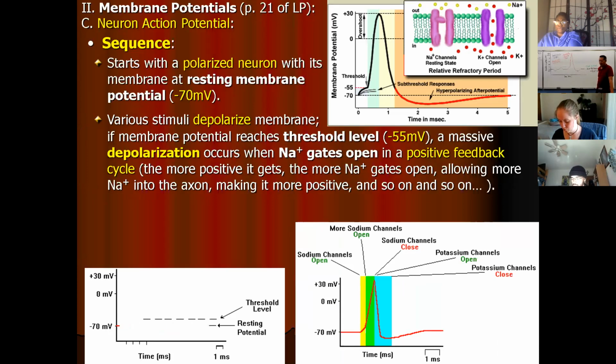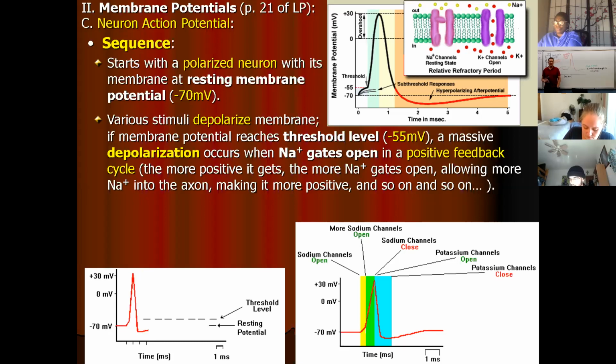And we're using minus 55 as an example only. Again, different neurons have different thresholds. That is going to initiate the positive feedback loop for sodium. And I actually illustrated this when I was talking about positive feedback loops, I think in the very first lecture. I gave you an example of an action potential.